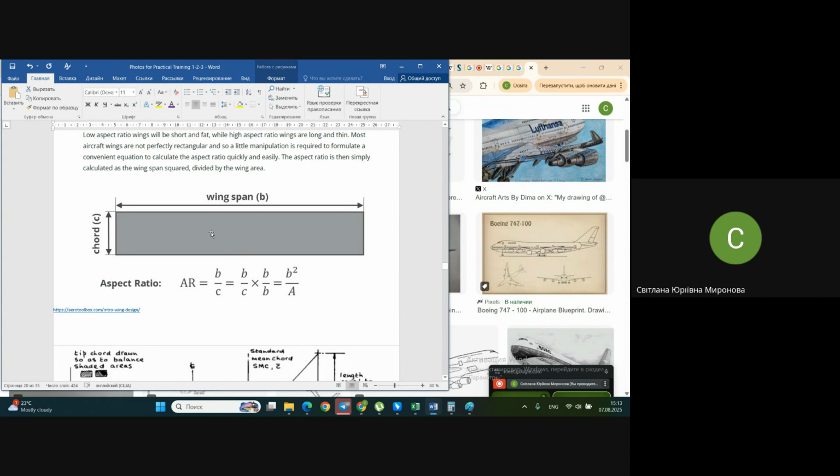In case you are working with the span already, understanding the area we have calculated once, having the span, due to this dimensionless coefficient, you may then use the value of chord. If it's a straight wing or slightly tapered wing, practically you already know all the sizes of your wing.